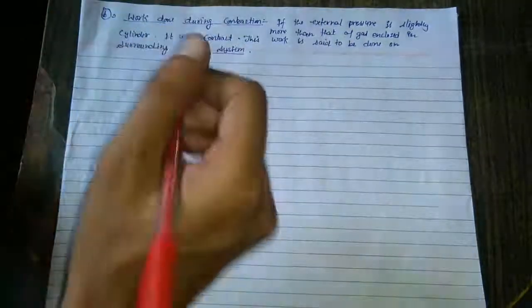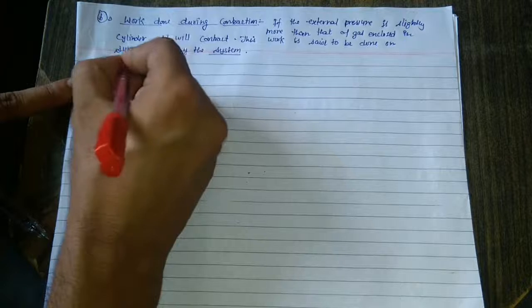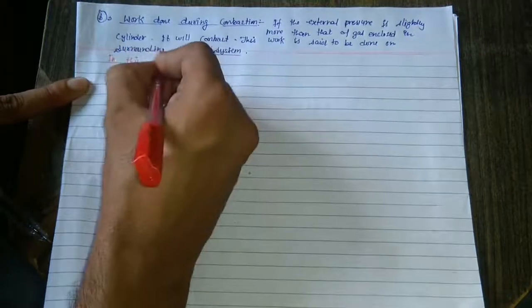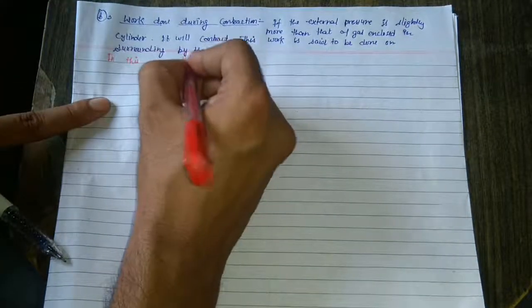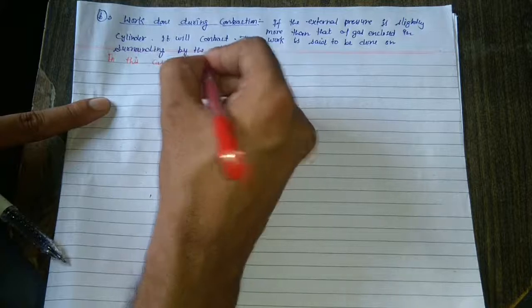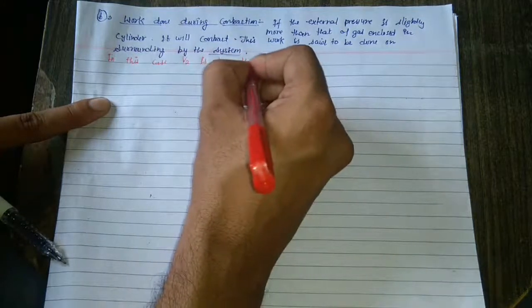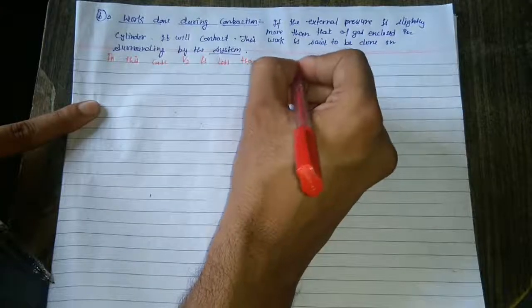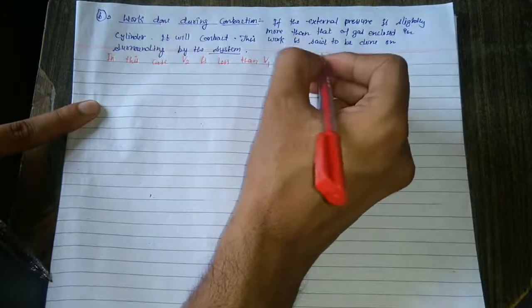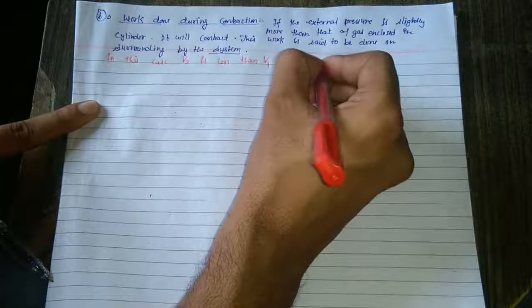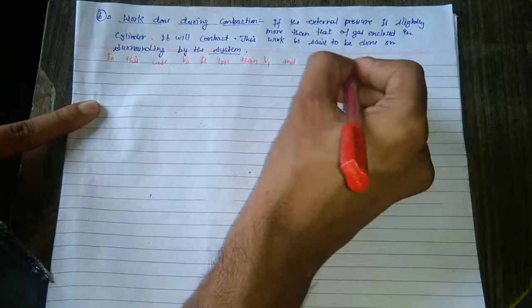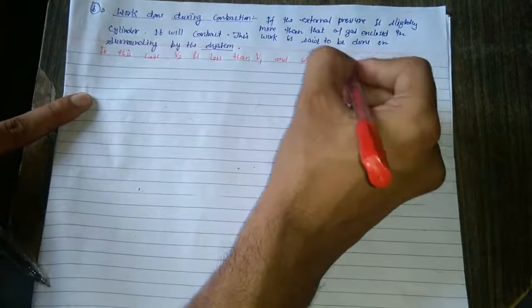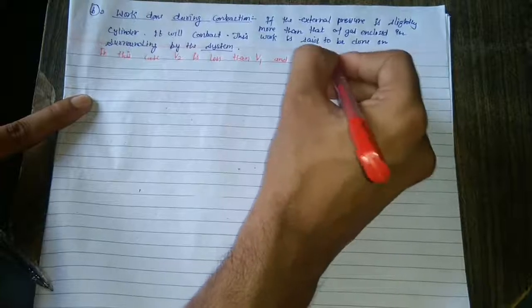So in this case V2 is less than V1 and the work W will be pressure and change in the volume.